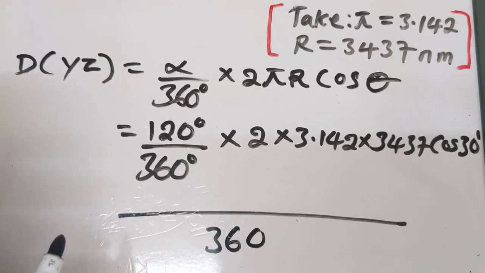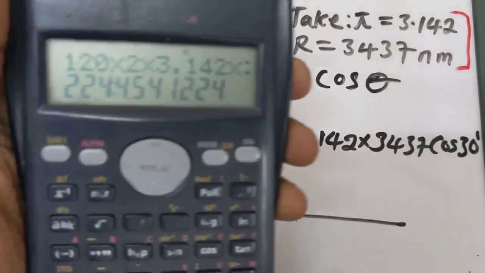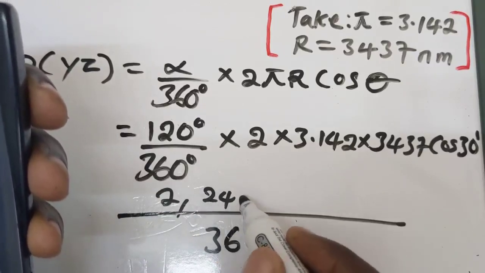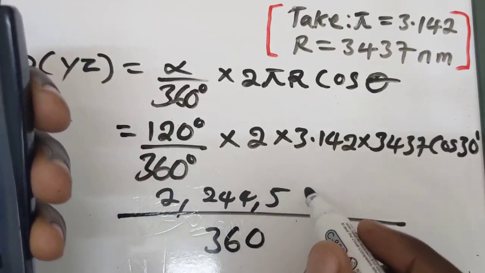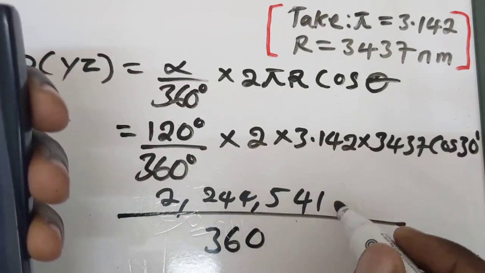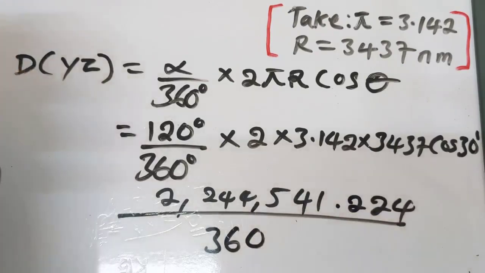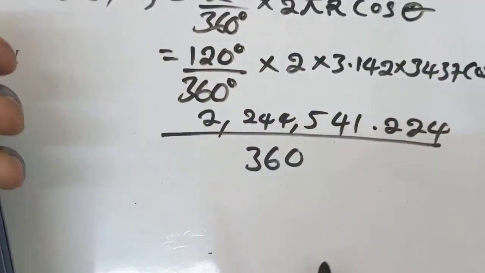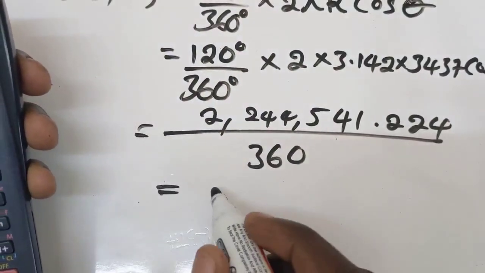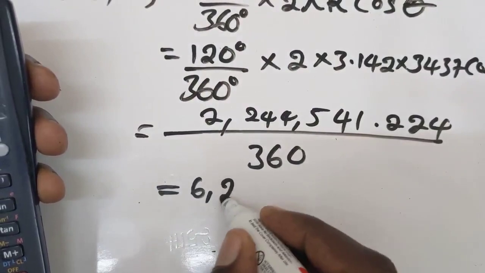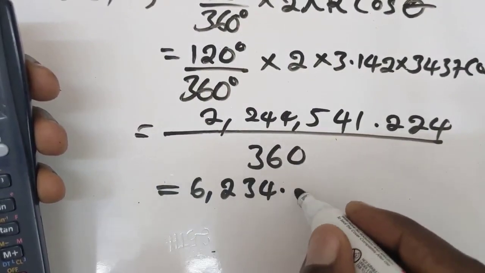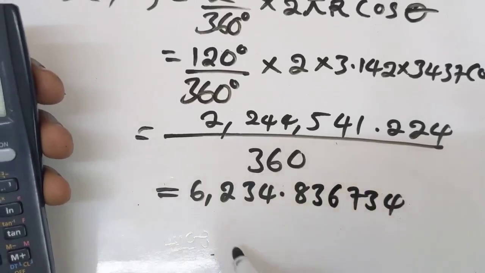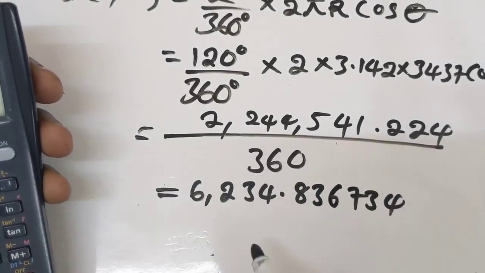This is the answer that I've gotten: 2244541.224. Then divide this same answer by 360, and you are going to have 6234.836734. Round it off to 3 significant figures.